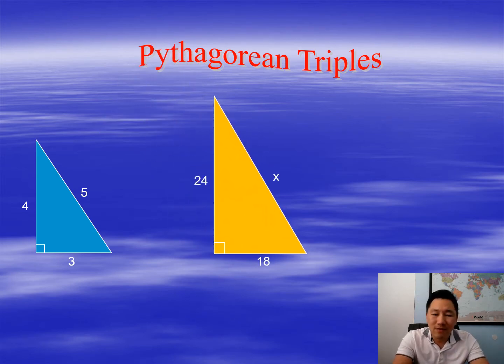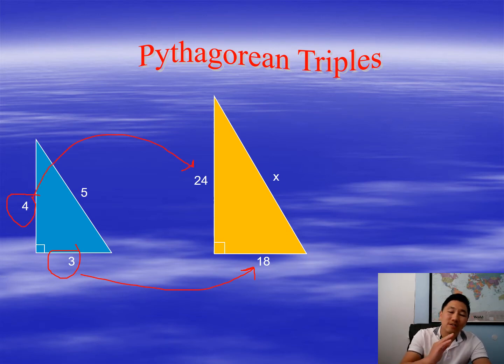So rather than having to use the Pythagorean theorem to solve for x, you can just use the Pythagorean triple to solve for x. If you notice, look at the 3, it became an 18. Look at the 4, it became a 24. So you're actually multiplying the 3, 4, 5 triangle by 6.